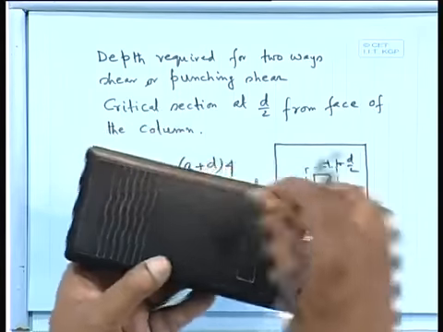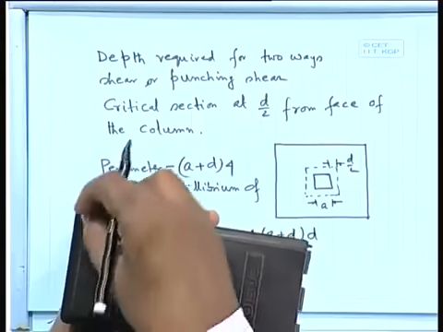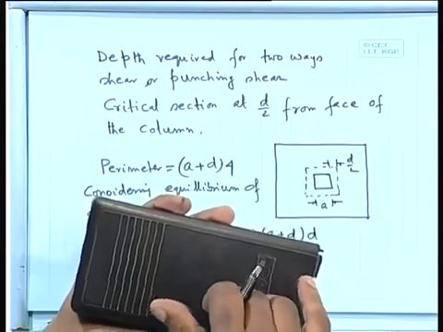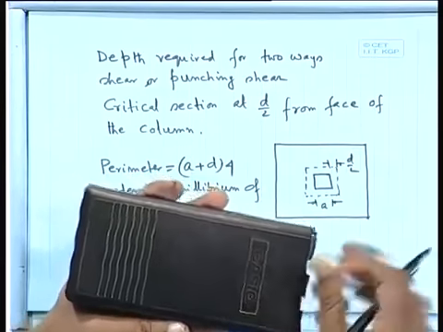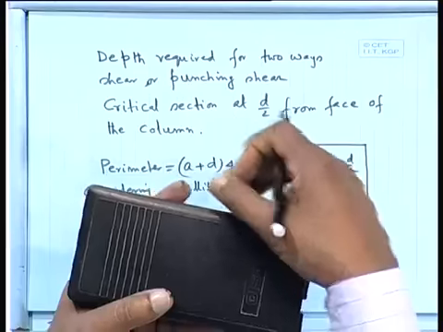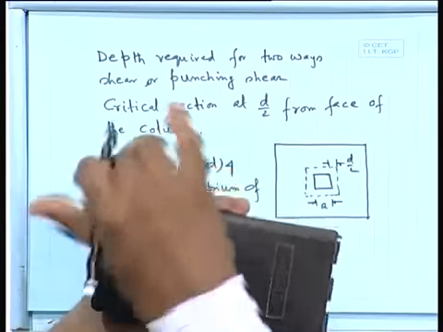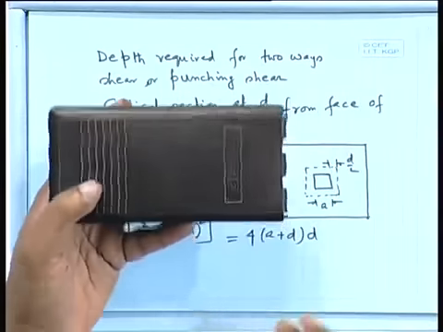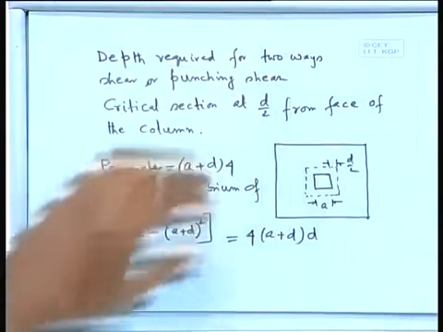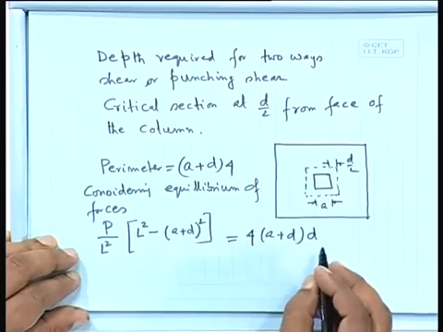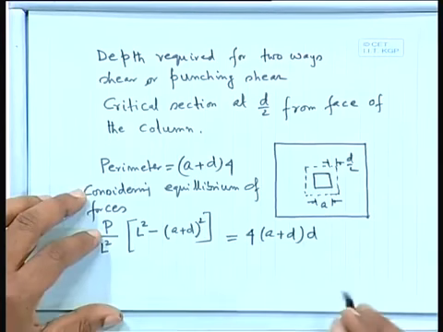This is rectangular, but we are talking about a square, so 4 times (A plus D) times the effective depth, not the overall depth. That is the cross-sectional area we are talking about, and the remaining portion of the forces is what we have to take. So 4 times (A plus D) times D, that's what we are getting here.